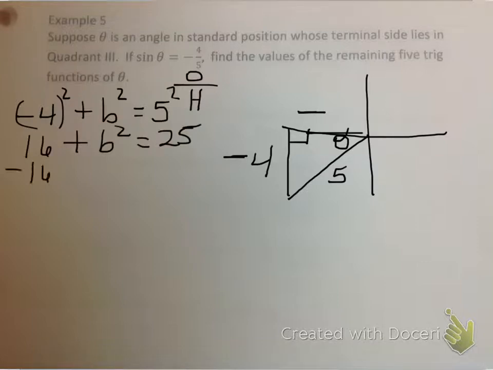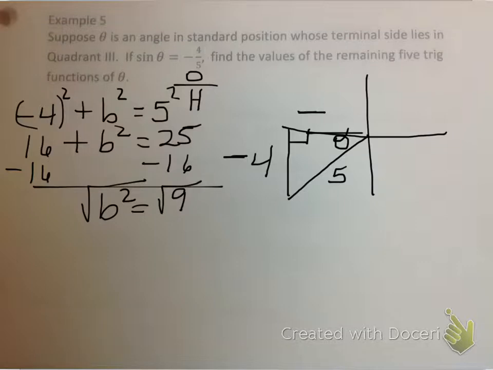I subtract 16 to the other side, and I get b squared is equal to what? 25 minus 16 is 9. Take the square root of 9, so b is equal to 3. And this is going to have to be negative 3, because going that direction on the x-axis is negative, and going down on the y-axis is negative.